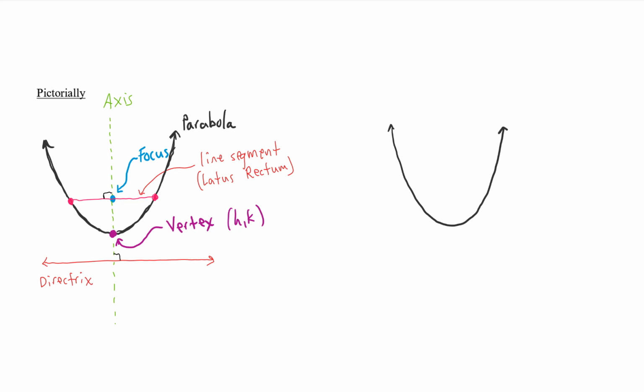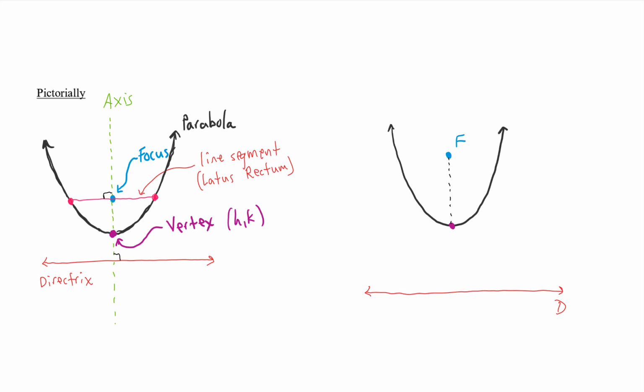What A is, here's the directrix for that parabola. There's my directrix. Here's the focus. And A, it turns out, is the distance from the focus to the vertex.